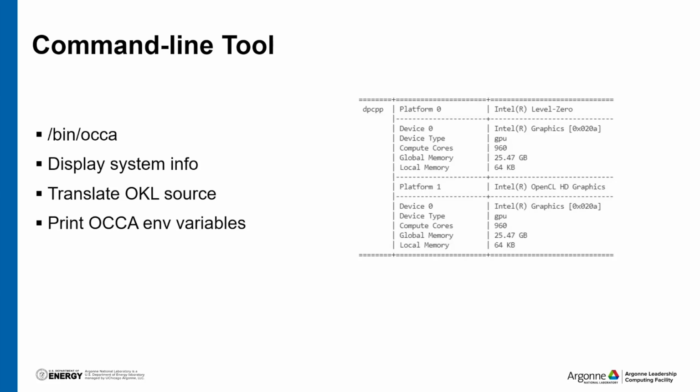It's also a good way to look at the native backend code that gets translated from your OKL kernels to make sure that things are being mapped to that particular approach the way that you think it should. And lastly, it's a good way to check which environment variables are set so that you don't get some kind of unexpected or strange behavior.